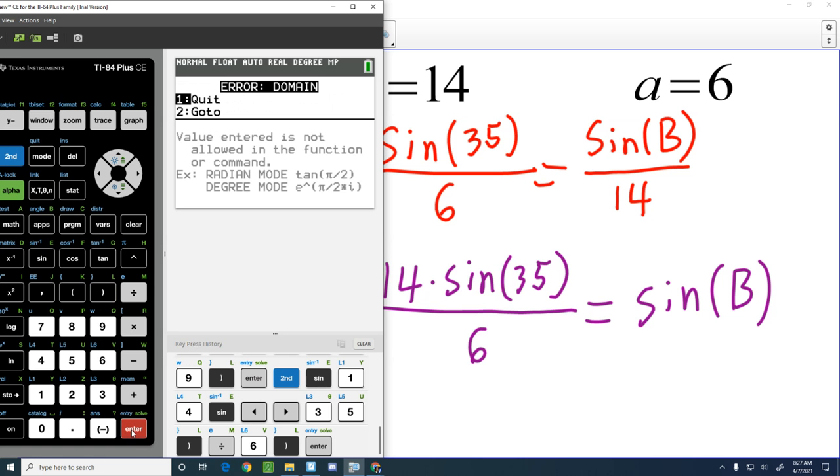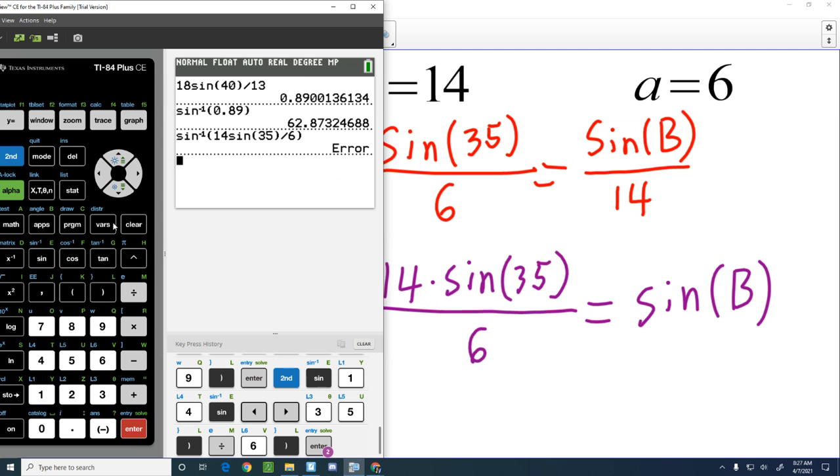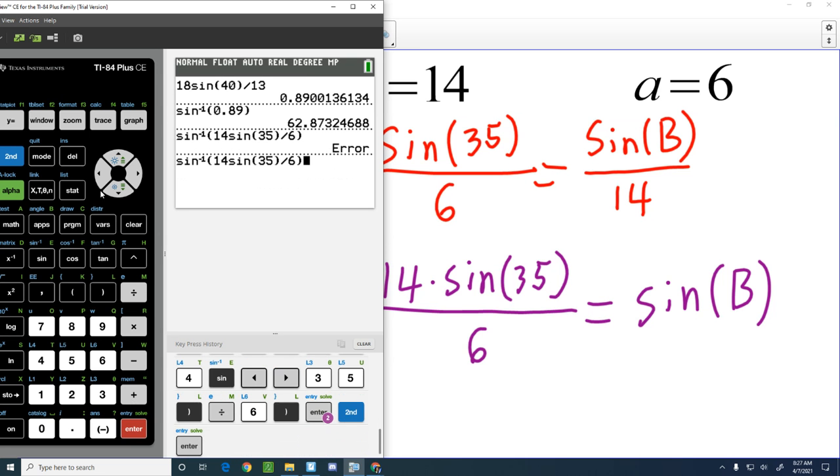Oh, error. Anyone else get an error? Yeah. Wonder what's going on here. Well, let's see, what do we get if I just do this division here? You get 1.3.